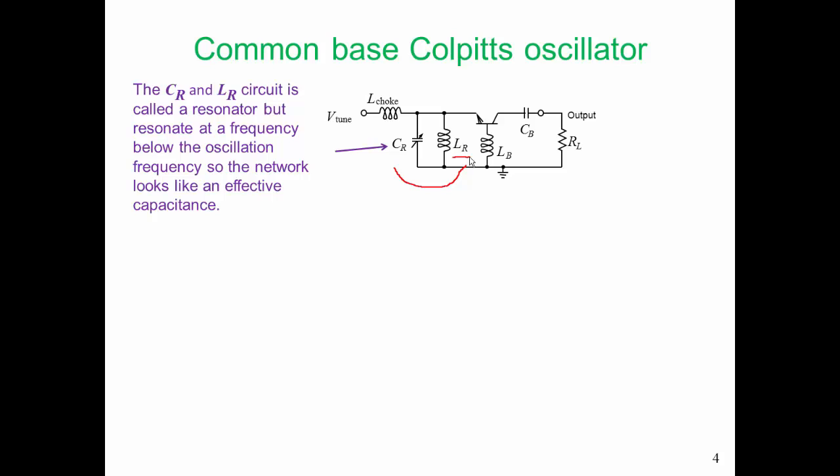Above the resonant frequency, LR will have an impedance which becomes quite large, and the impedance of CR is getting smaller. So the impedance or admittance of that LR-CR in parallel is a capacitance.